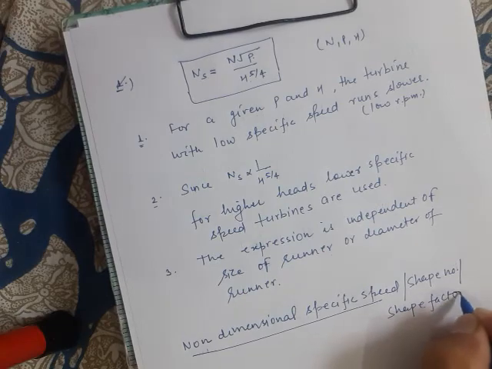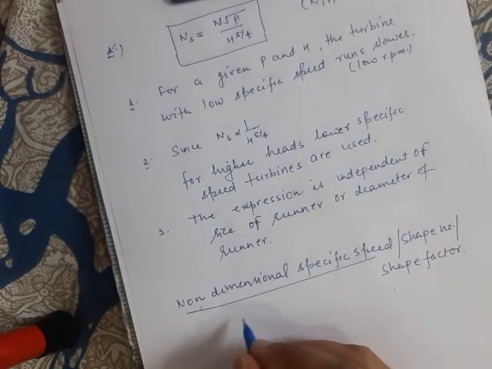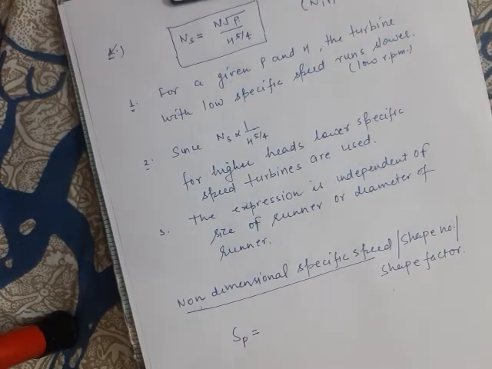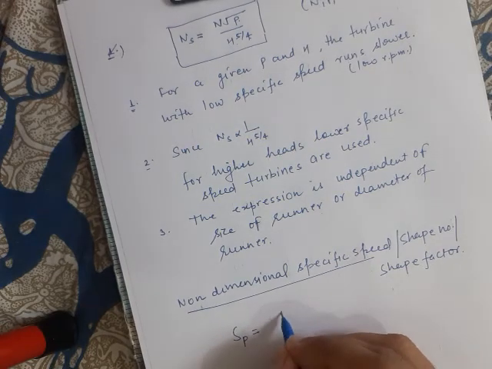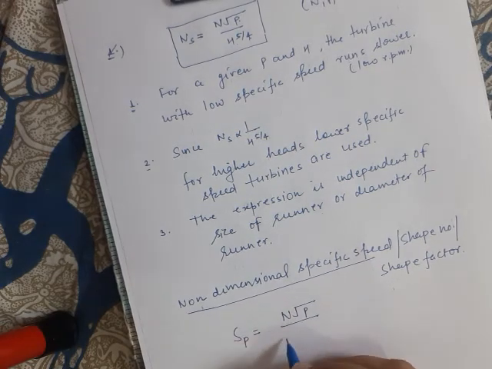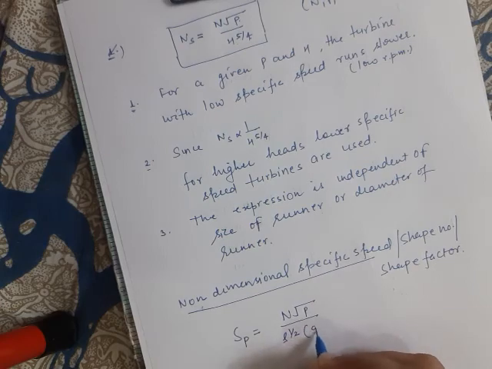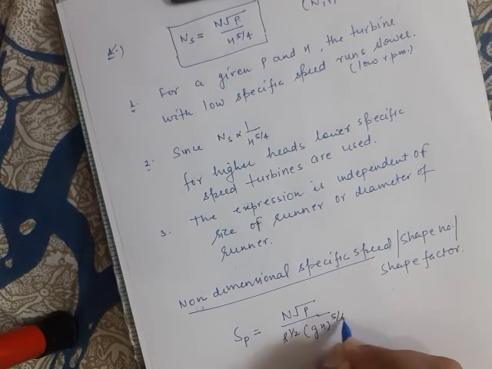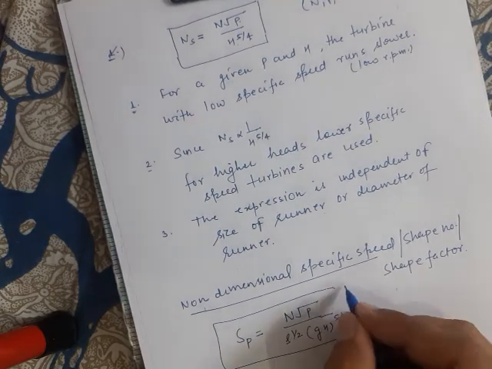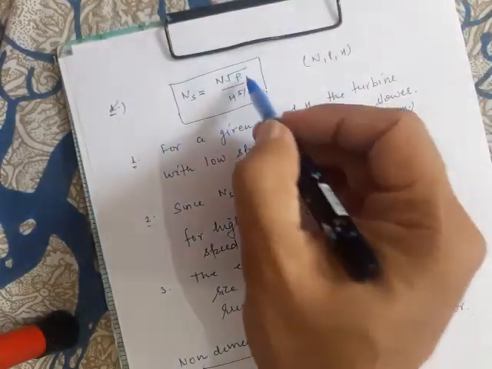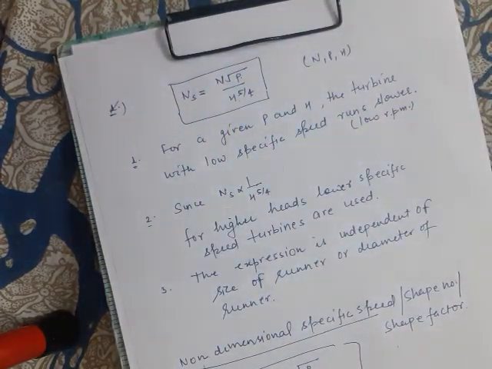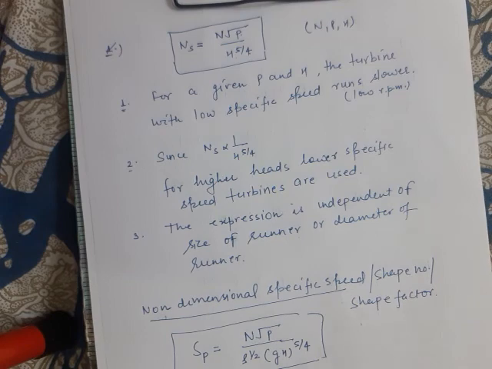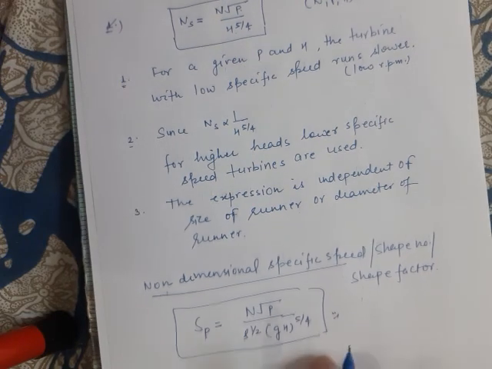It is simply N root P over rho raised to power 1 by 2 and gH. This is the non-dimensional specific speed, while the earlier one is the dimensional specific speed with the dimensions written on the previous page. And this is also known as the shape number.